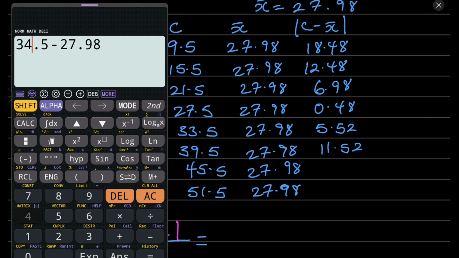Up next we have 45.5, which gives 17.52, and finally we have 51.5 minus 27.98, which gives 23.52.